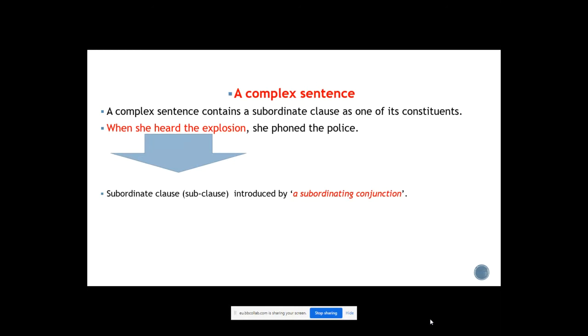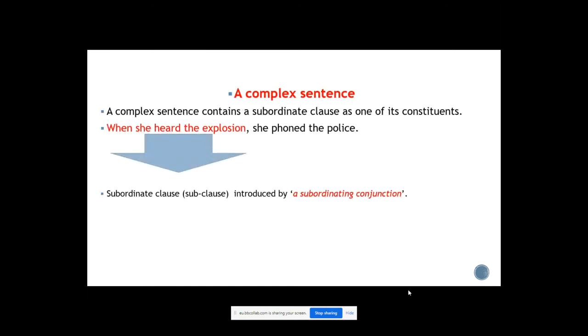The word when is called a subordinating conjunction. Of course, we have many different subordinating conjunctions. Clear? Okay. And this clause, which starts with when, can be called an adverbial clause.